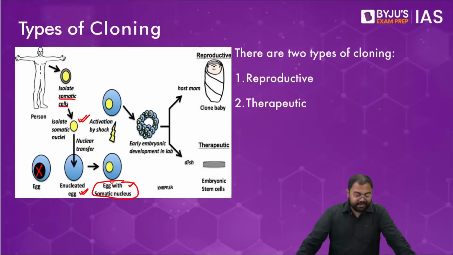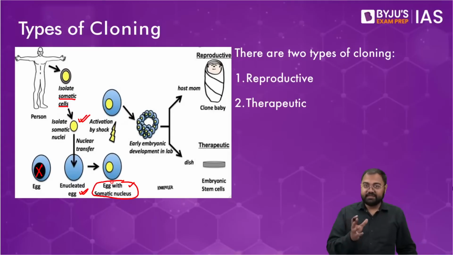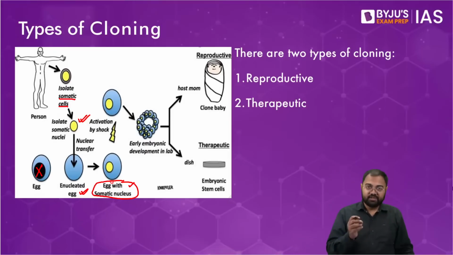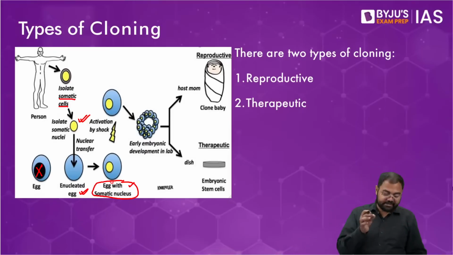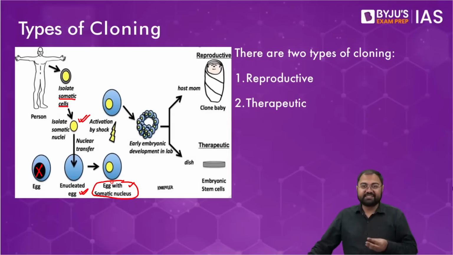So understand the value of this process, that why are we replacing this nucleus. What you know about nucleus is that nucleus contains the genetic material, right? All the genes, all the DNA, they are present where? They are present inside the nucleus, correct? So that's why if you retain the nucleus of the egg cell, it simply means that the characteristics in that cloned animal will be of the egg cell nucleus, correct?